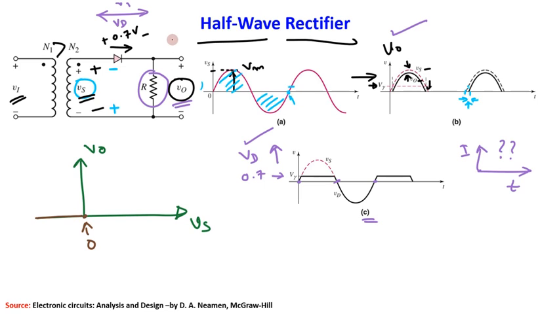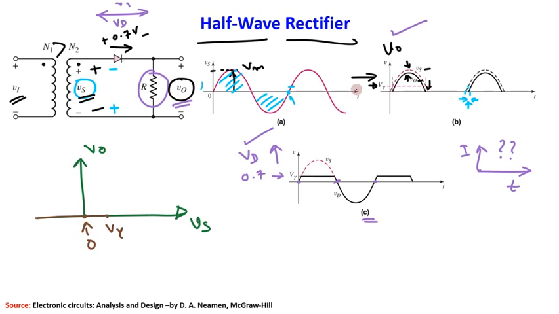Then we are considering the forward bias, this part or maybe this part. Then we are considering forward bias till the diode reaches V gamma, meaning the Vs reaches V gamma, the diode is not on. So suppose this is V gamma, what we can say is till V gamma the output is 0.